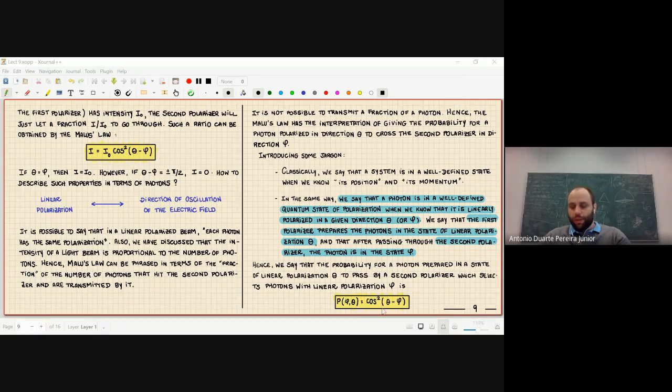And this is given by the cosine squared of the difference between the angles. I hope this helps in the clarification of the question. If not, let me know.